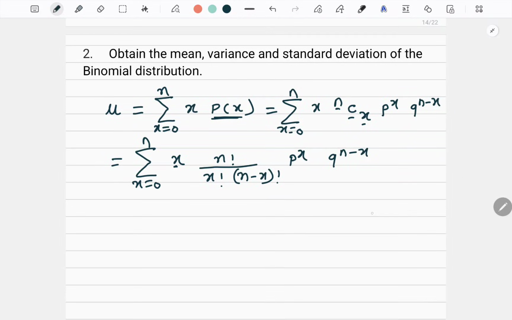How do we open the factorial? n factorial is equal to n, n minus 1, n minus 2, and so on, which can also be written as n times n minus 1 factorial. Correct? So the same thing I will apply here. Wherever n is there, I'll try to bring n minus 1, and wherever x is there, I'll try to bring x minus 1. So now it is equal to summation x, n factorial, n minus 1 factorial.